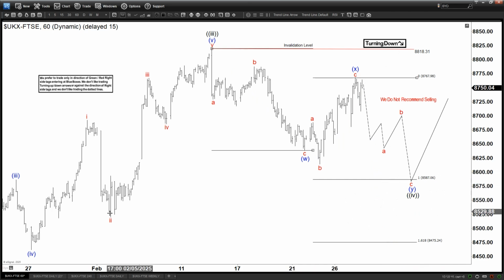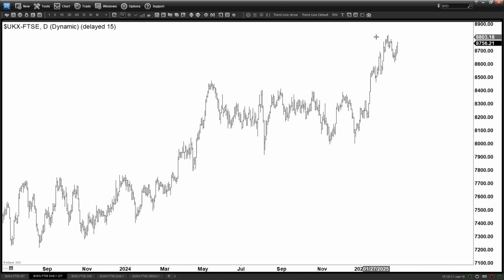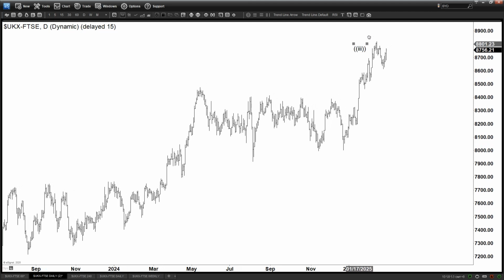Now if I zoom out into the daily time frame, I'm going to copy this 3 and the 4 into the daily over here. So that's your 3 and that's basically your 4, which is in progress now. If you take a look at this structure here, we got this low which looks like a 1 and 2, and it doesn't look completed.